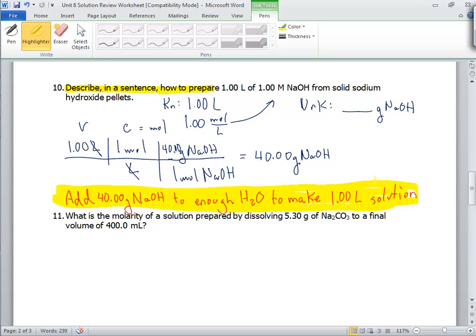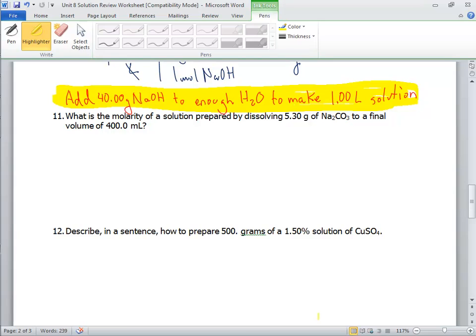Number 11, what is the molarity of a solution prepared by dissolving, we're getting the easy ones now, aren't we? By dissolving 5.3 grams of sodium carbonate to make 400 milliliters of solution.